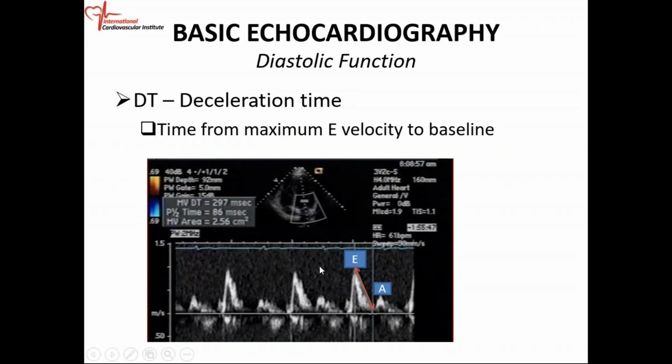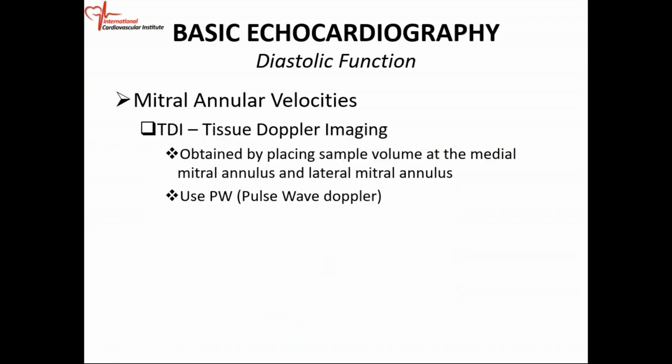So again, you have to modify your cursor position, midway between your LVOT and the mitral inflow, and zoom it. So you'll get your LVOT flow, and then from the end of the LVOT flow to the beginning of your E, that's your IVRT.